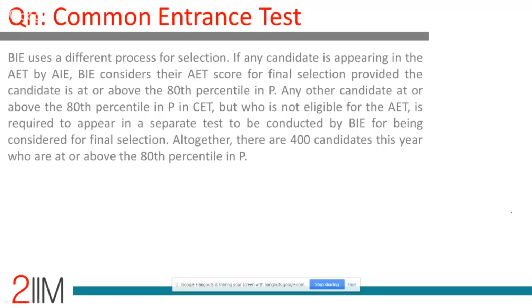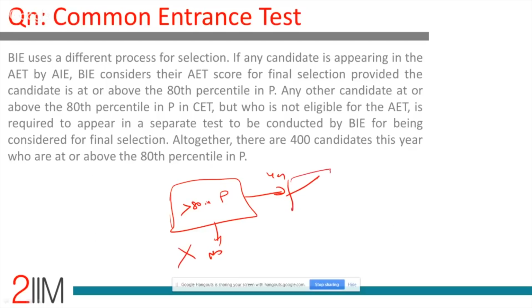So one set of criteria: greater than 80 in P, yes or no. No, you're out. If it is yes, then the next set of criteria: eligible for AET also? Yes, then your AET score counts. No, then you write some BET score, a separate test conducted by BIE. That's how the algorithm is.